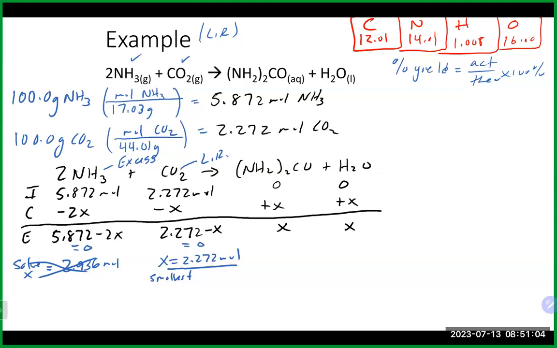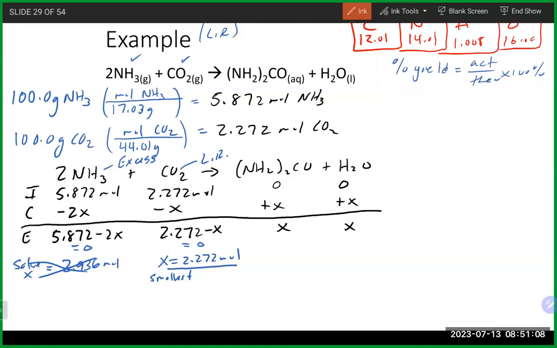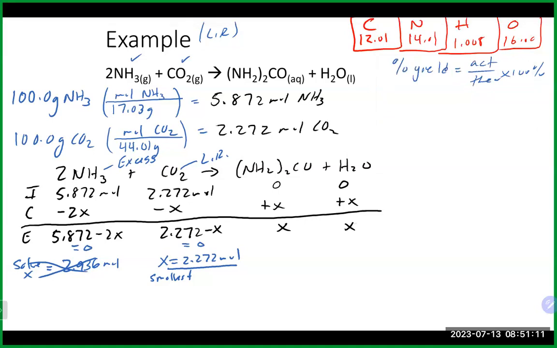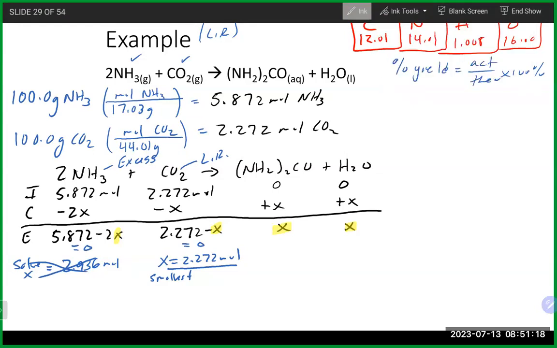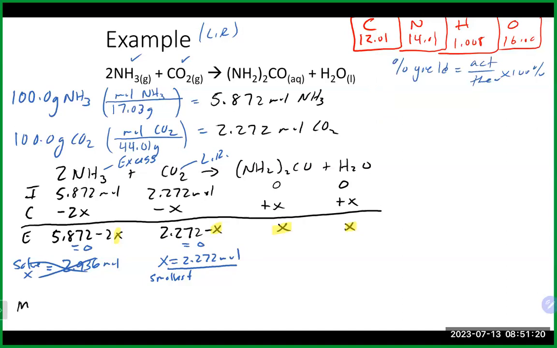Now that we do have our x value, that x value is all the x values that we see in this table. That is this x, this x, this x, and that x. In this case, we are interested in the moles of our NH2)2CO, and that would mean that it does equal x, which means we would have 2.272 moles of this guy. And since we are looking for grams, we're going to get the molar mass of that guy.